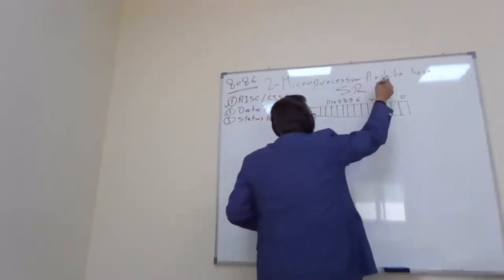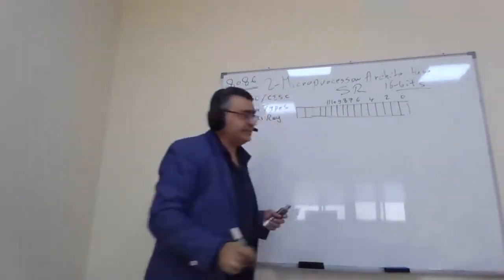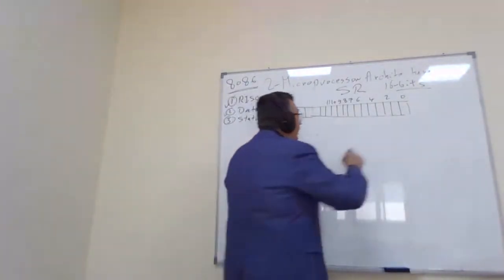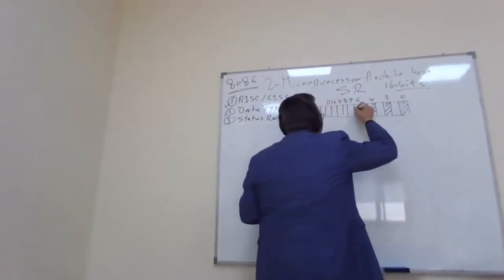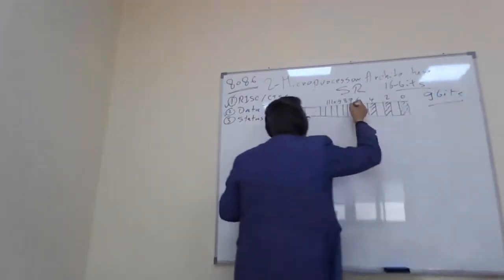The status register is a 16-bit register. However, the programmer has access to 9 bits out of those 16 bits.